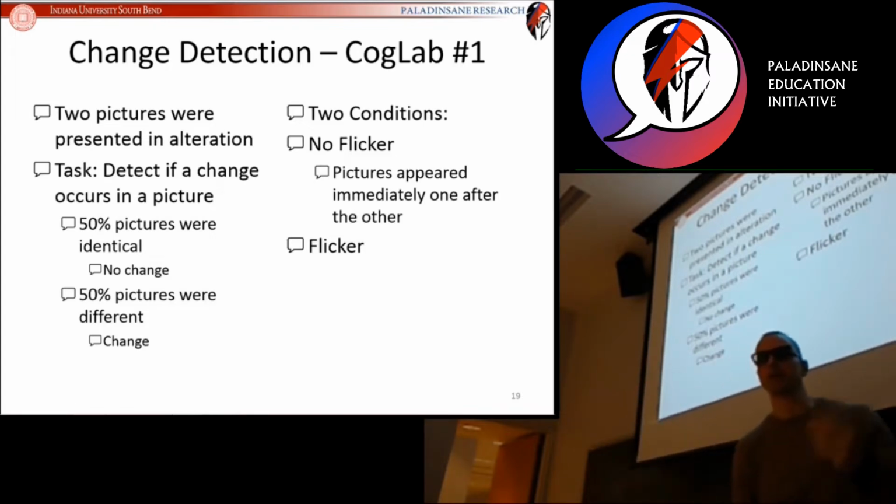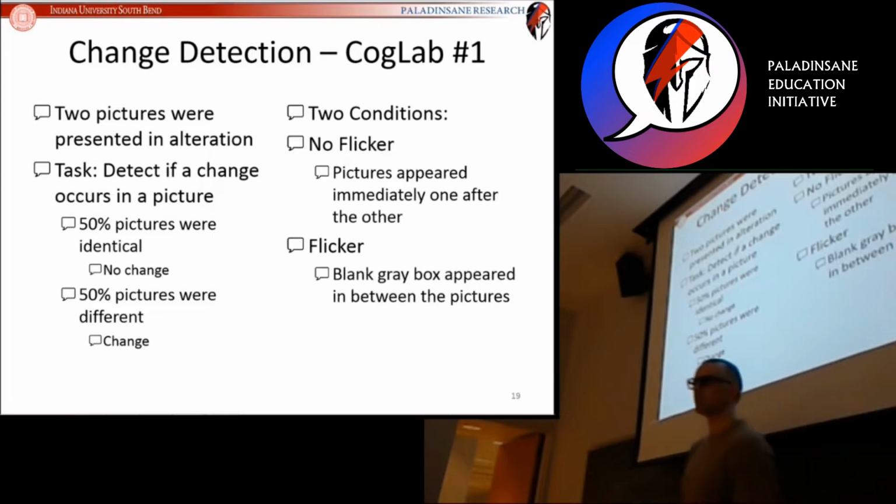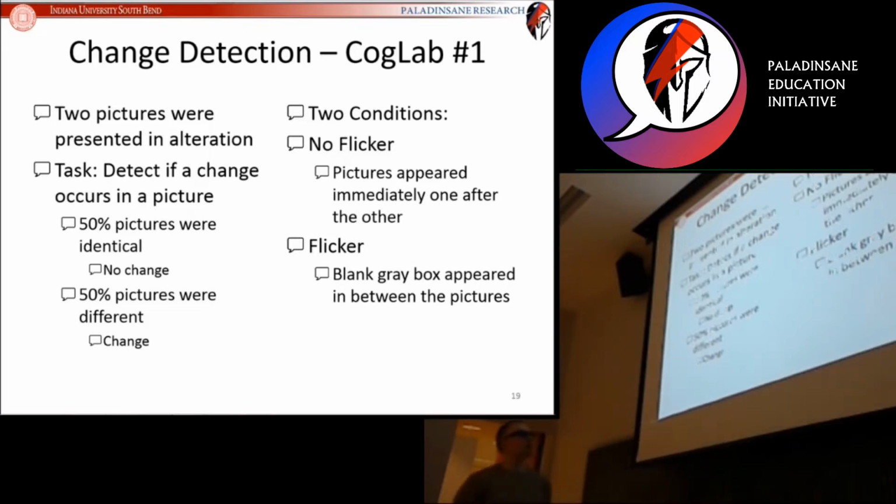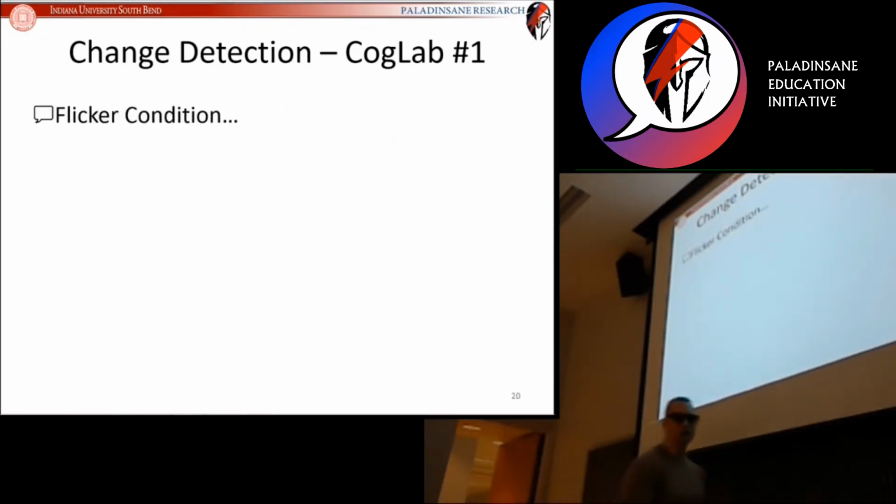That was the no flicker condition. In the flicker condition, there was a blank gray box that appeared in between the pictures. So one would occur, and then gray, and then another would occur, and then gray, and they alternated between the first and the second. So let's take a look at a little bit of a live demonstration.